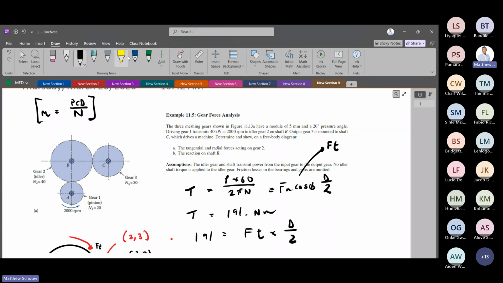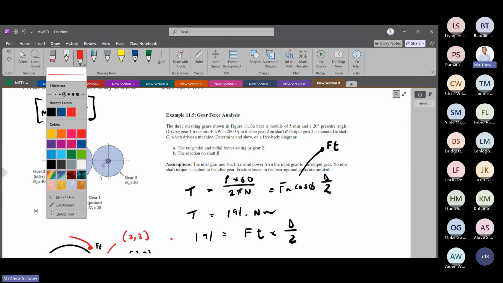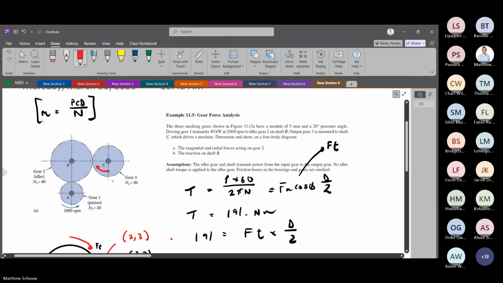So if they're not even, the gear is going this way, right? They'll go in opposite directions, like this. Because this one is going this way, right?